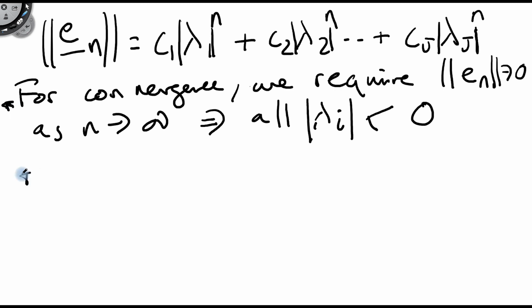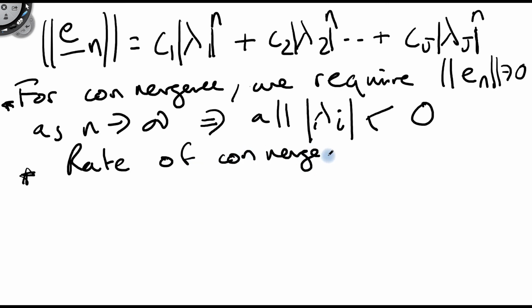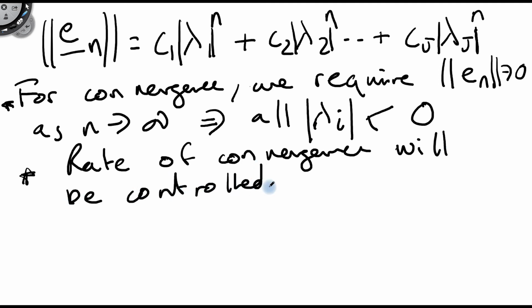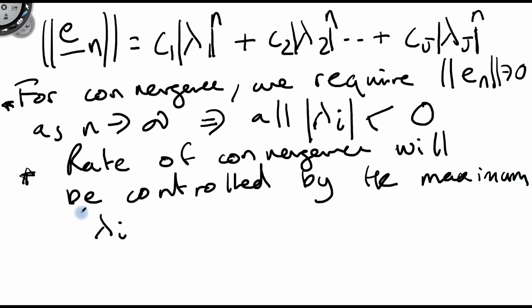The second thing is that the rate of convergence, if it does converge, will be controlled by the maximum absolute value of lambda i. You see that?